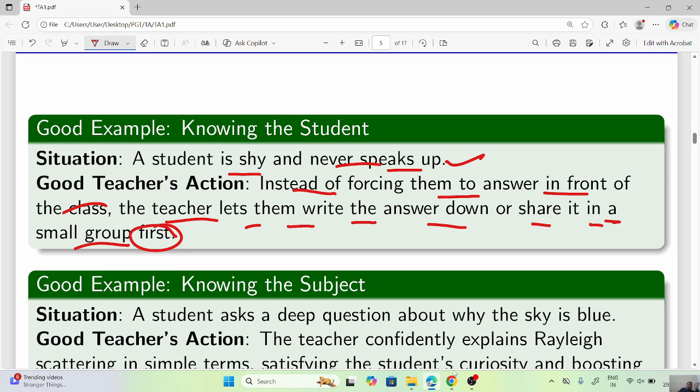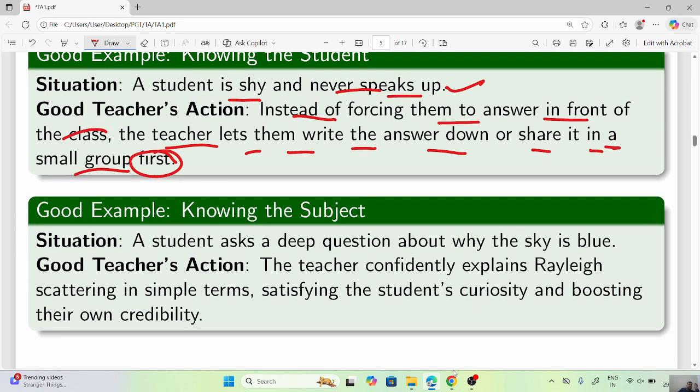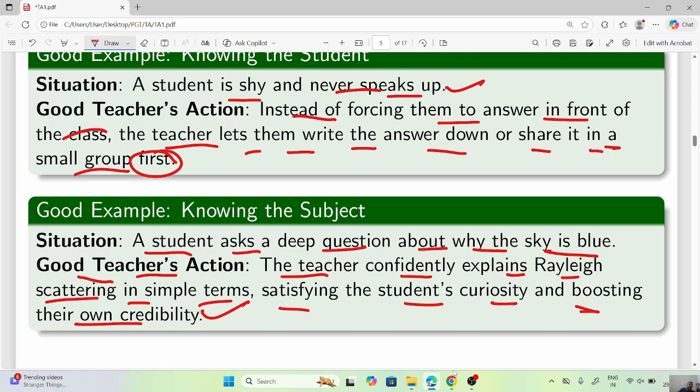Next example, if a student asks a deep question about why the sky is blue, a good teacher confidently explains Rayleigh scattering in simple terms, satisfying the student's curiosity and boosting their own credibility.